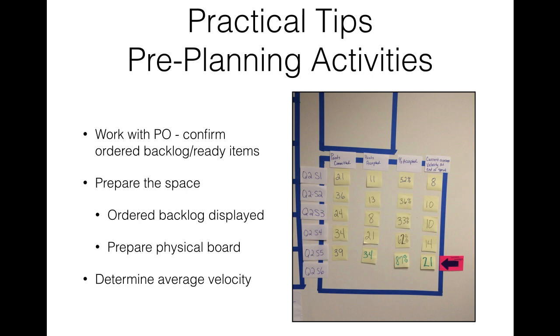Average that number, and that's the team's average velocity. Or you can determine it by looking at the velocity over the last 5 sprints, dropping the highest, dropping the lowest, and then averaging the remaining 3. This average velocity is used to help the team determine how much work they can do in one sprint.